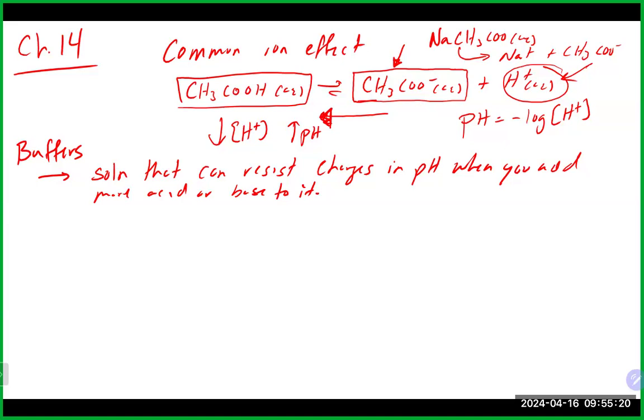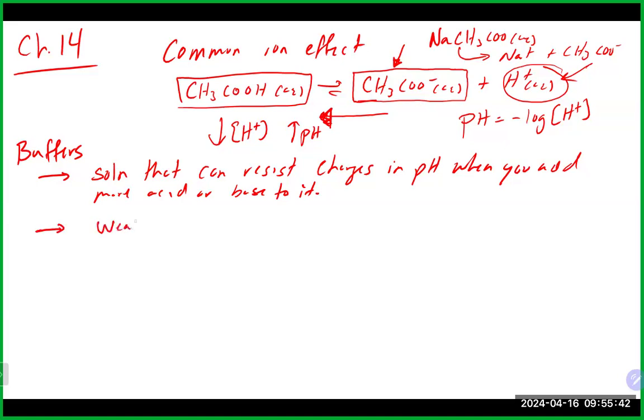Also, it will actually move the pH, so it won't just stay stuck at that pH. If you add acid or base to a buffer, you will see the pH go up or down a little bit. But we won't see the really big swings in pH when you add acids or bases. And the reason for that is what it's made up of.